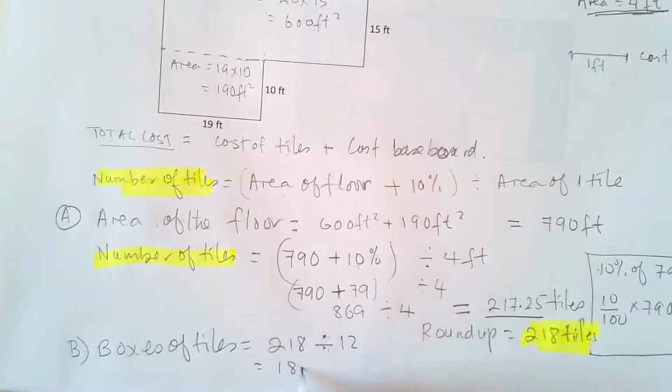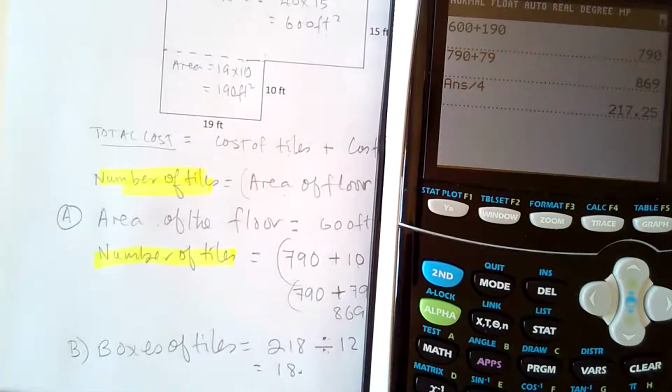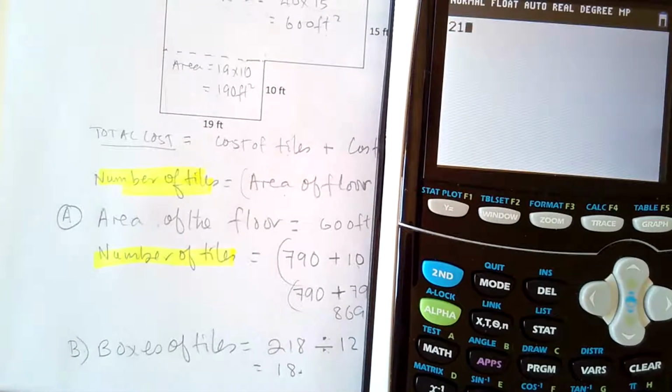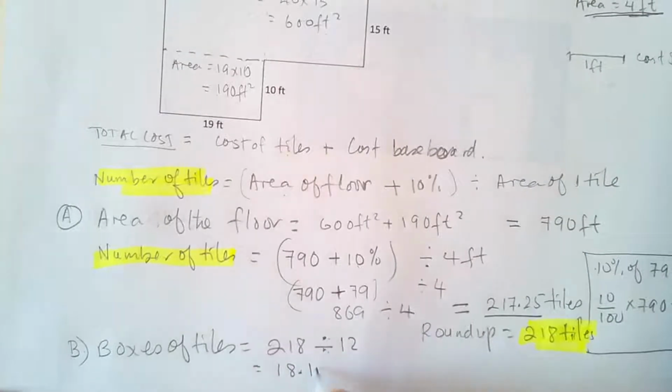Let's work this out: 218 divided by 12 is 18.166.